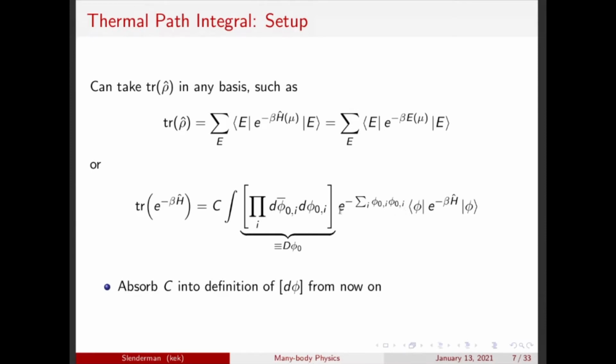Go ahead. Why do you call it 0, I? The I is the relevant spatial index for the spatial degrees of freedom. And I'm going to be using more resolutions of identity, so I'm going to be introducing more variables phi soon.